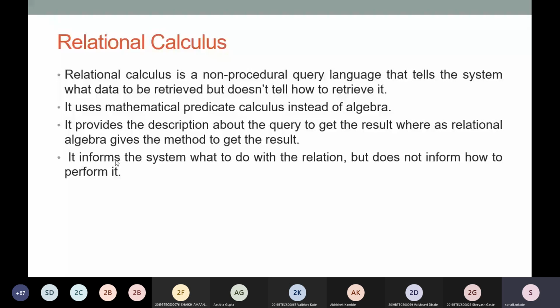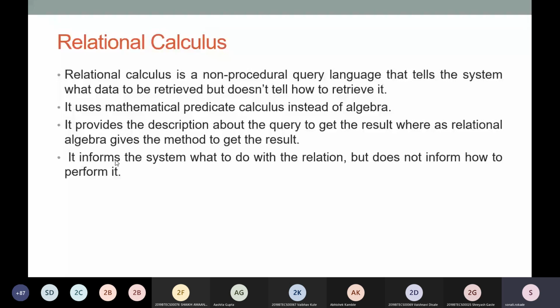And here we are going to apply it with a non-procedural query language. In a non-procedural query language, the system tells what data is to be retrieved, but it is not going to tell you how to retrieve that data. So if I tell Suyash, please give me this data and follow these steps, it will be the procedural language. And in relational calculus, I'm just going to tell Suyash, please provide me this data, but how, I'm not going to tell.